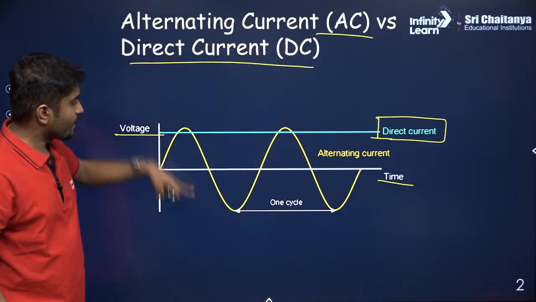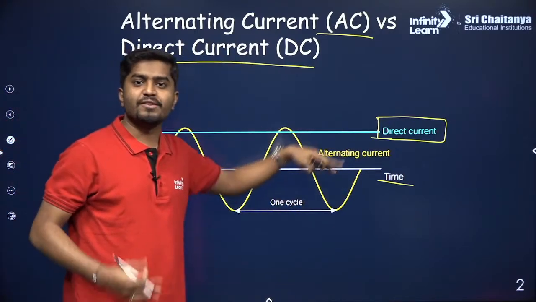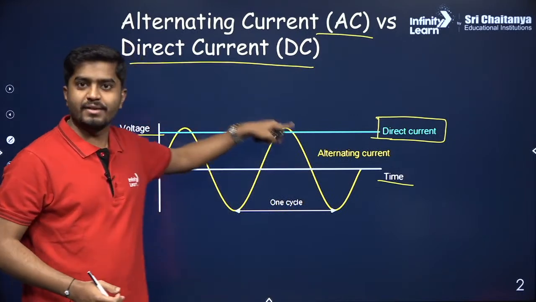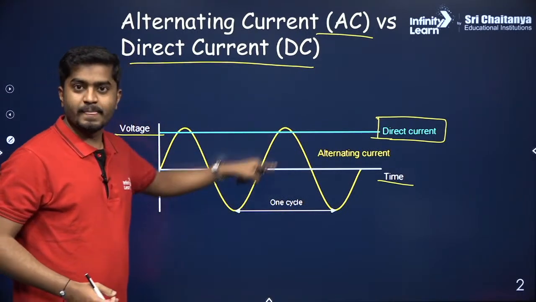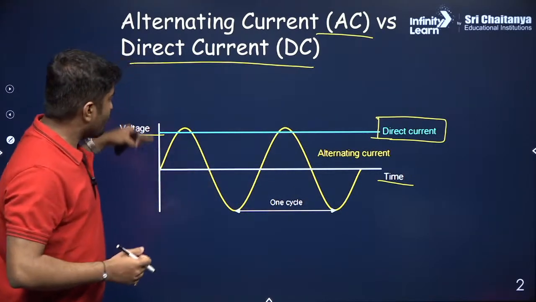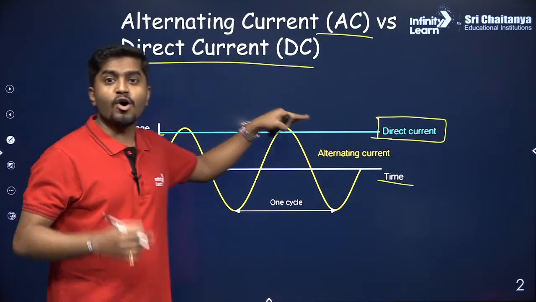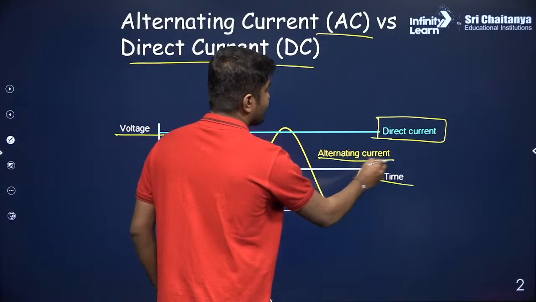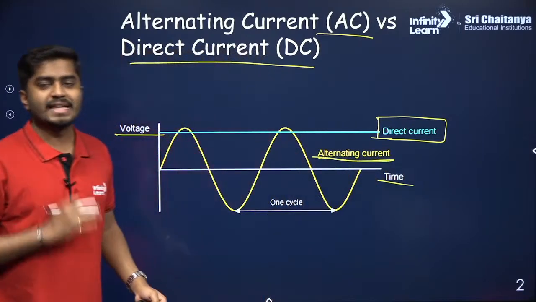You see there is a sine or cosine function. You have learned in trigonometry, correct? The sine wave or the cosine wave. So there is a wave. You have learned the wave properties, I hope you remember. So whenever the voltage is oscillating periodically, then we say it is alternating current, or AC in short.